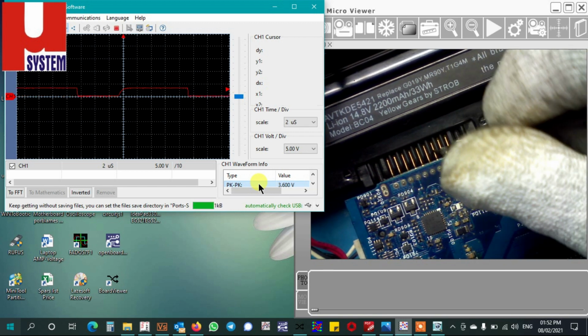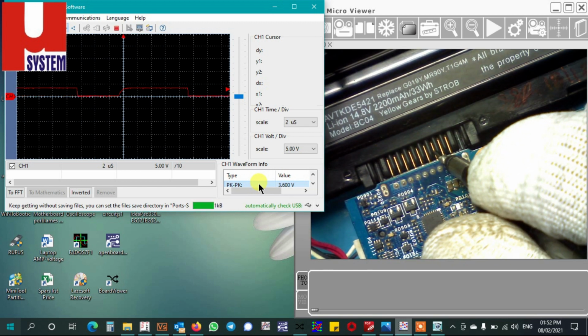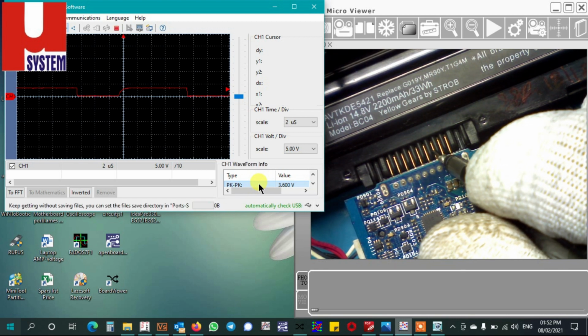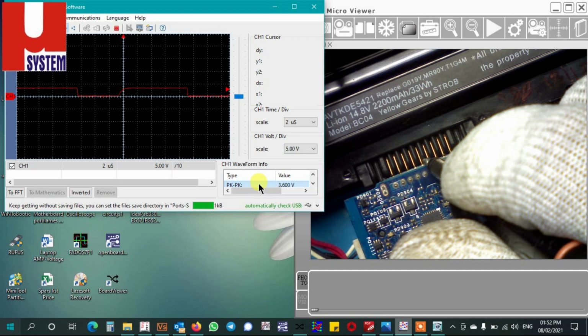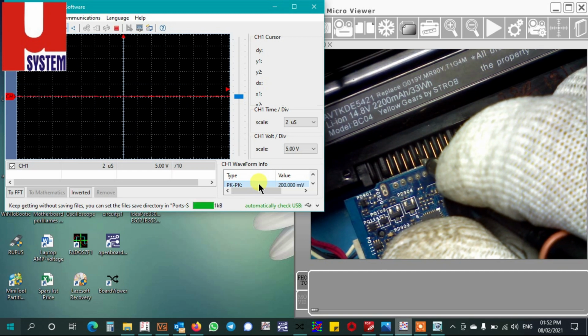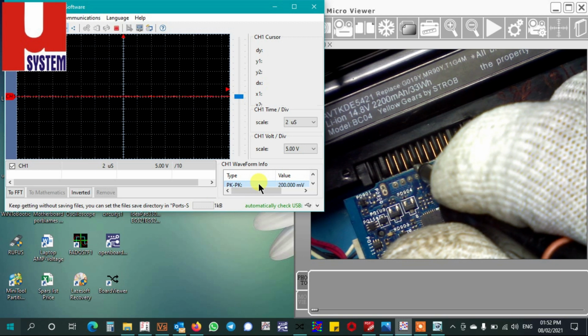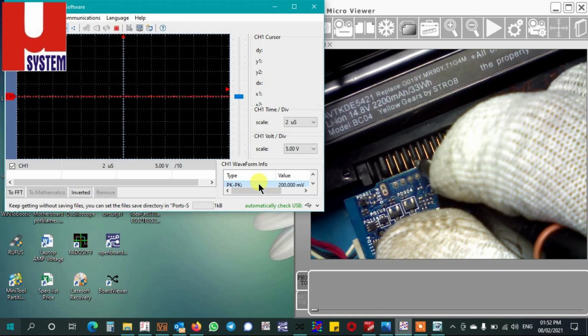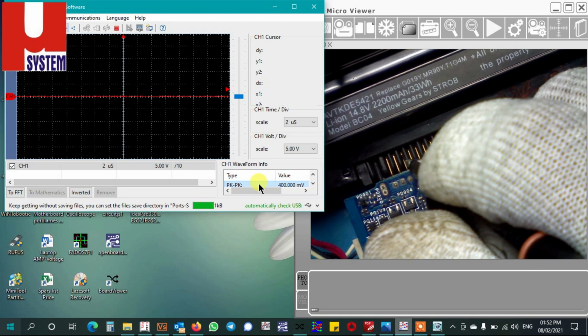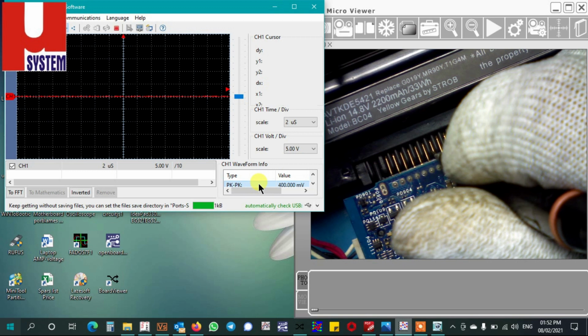Over here you are getting some data which is showing on the graph. Here you can see again, no data. No data. Here is no data. Only this pin.